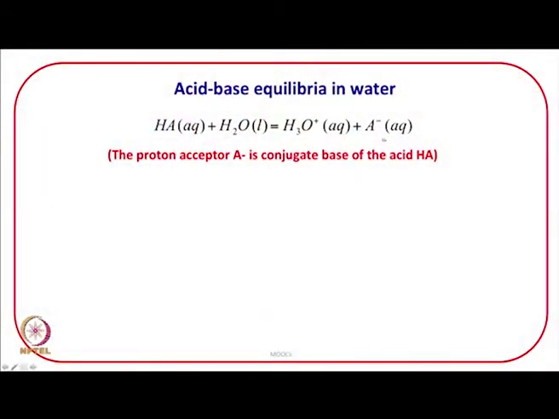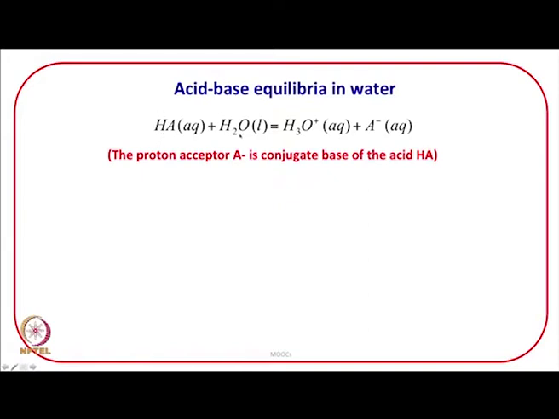Let us consider this equation or this reaction in which HA is interacting with water and donating a proton to water, forming H3O plus and A minus, all in aqueous solution. And this H3O plus is called the hydronium ion. What HA has done?